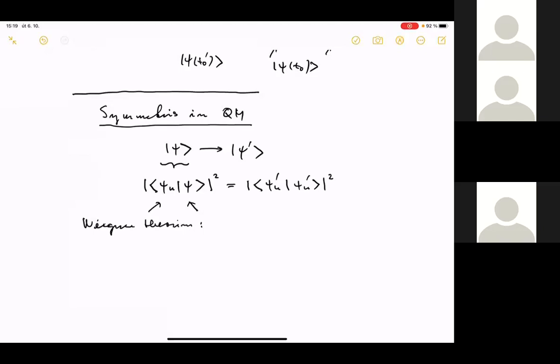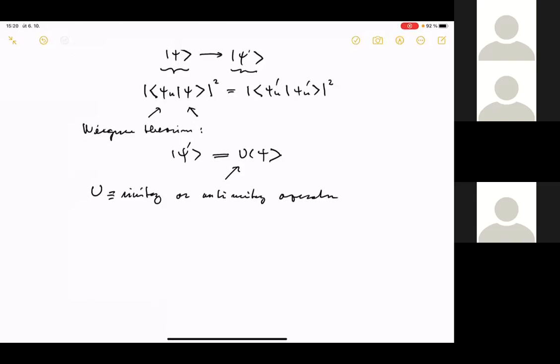which states that we can describe such a probability conserving mapping between rays in Hilbert space in terms of operators acting on the vectors in the Hilbert space. And these operators are either unitary operators or anti-unitary operators.